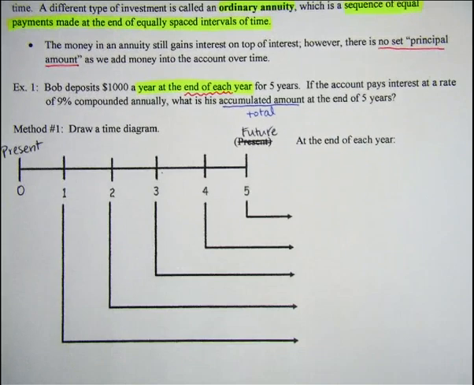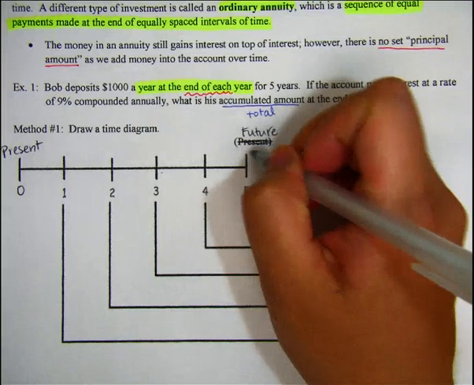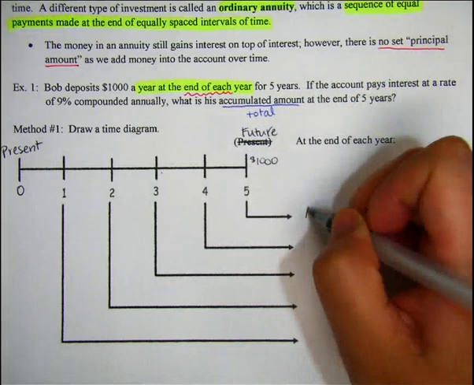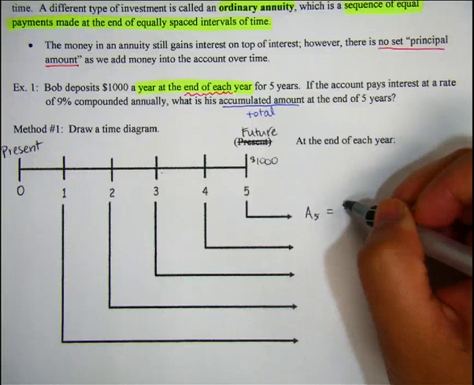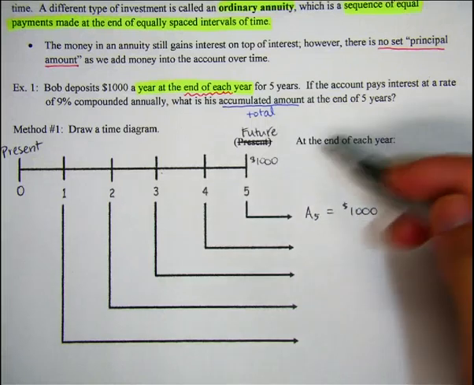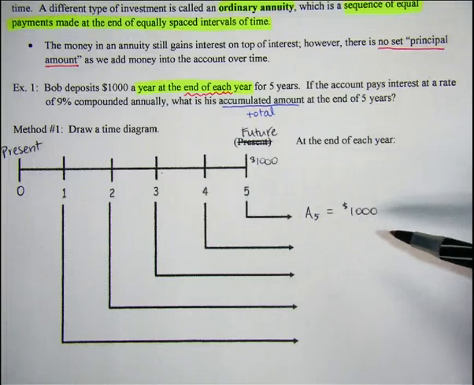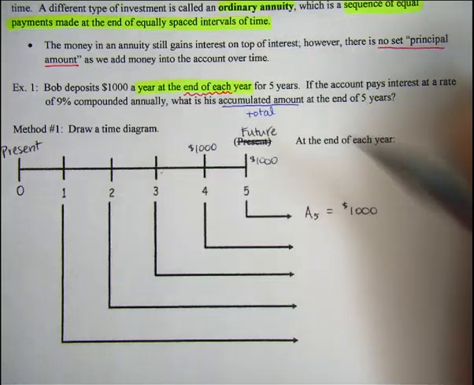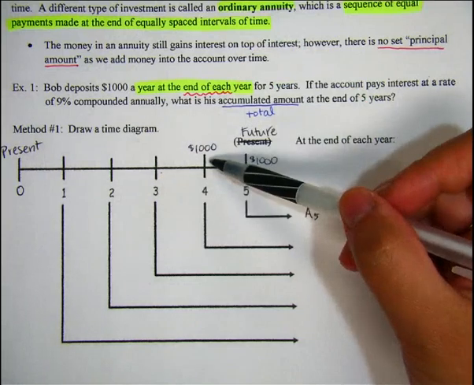Now, what I'm going to do is imagine that you have deposited, or this is Bob, at the end of the 5th year he deposits $1,000. That $1,000 doesn't gain any interest because now this is the end of the investment term. So that $1,000 just remains as $1,000. Okay. Now, he invests $1,000 at the end of the 4th year.